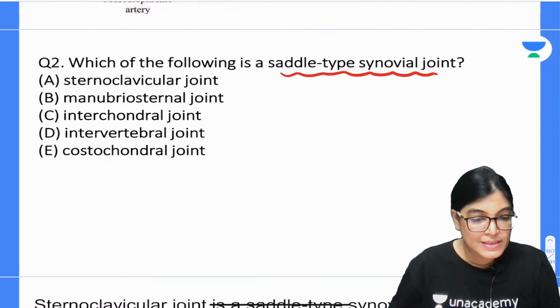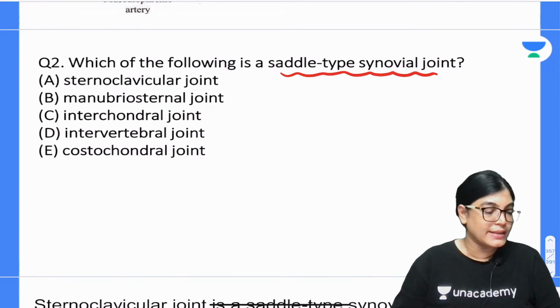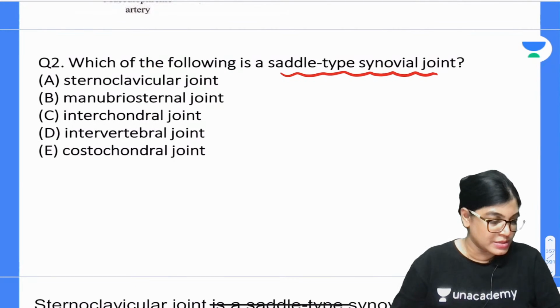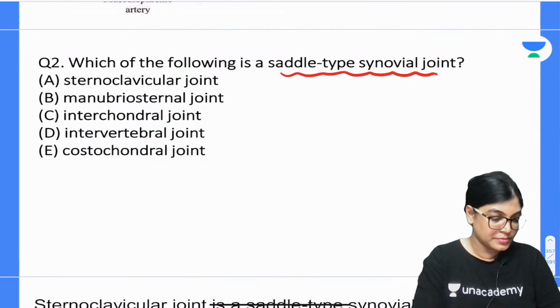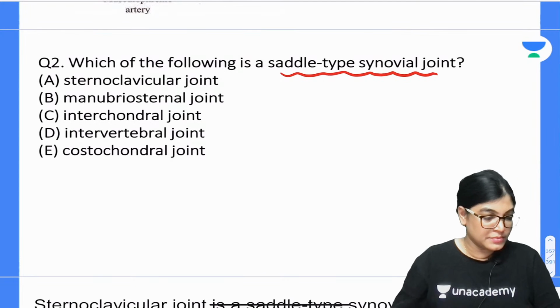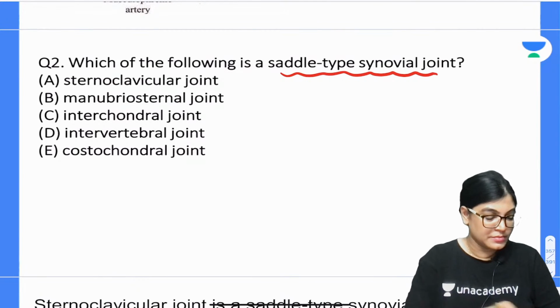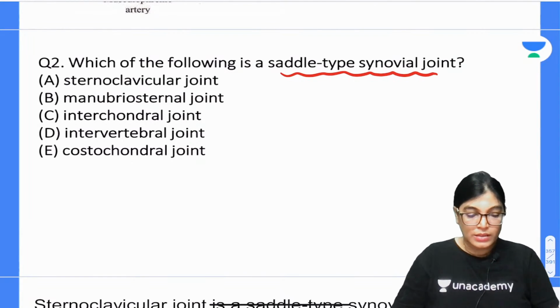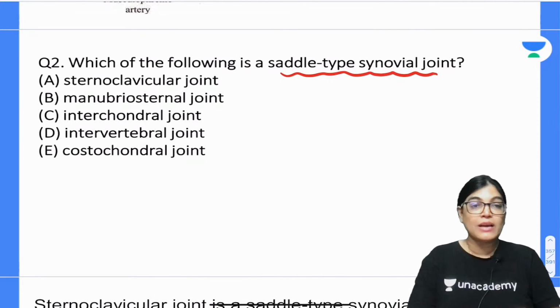So, Nidhi Chauhan has given the answer. What about others? Okay, which of the following is a saddle type of synovial joint?